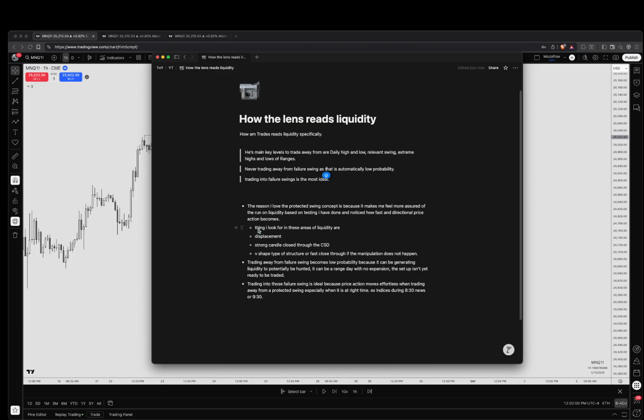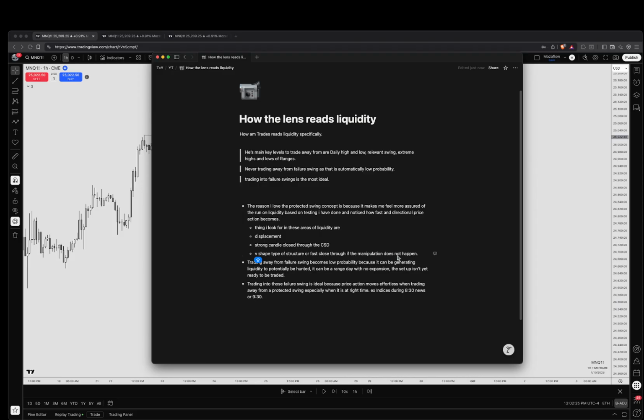Things that I look for in these areas are displacement, a strong candle close through the candle that makes the CSD. I want it to be closed through very strongly, like a very strong big candle, with minimum wick.